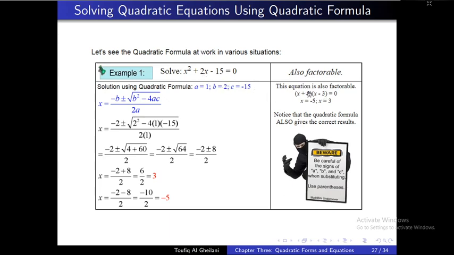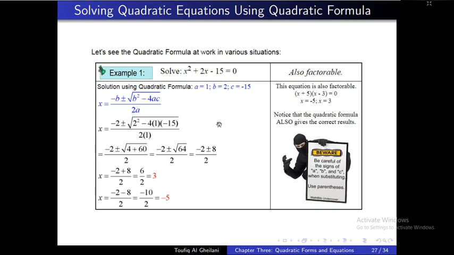So I put 5 in the bracket with the same sign as the middle term, so I put 5 here and 3 here. So the value of x is negative 5, and x here is positive 3, the same as when we solved by the formula.